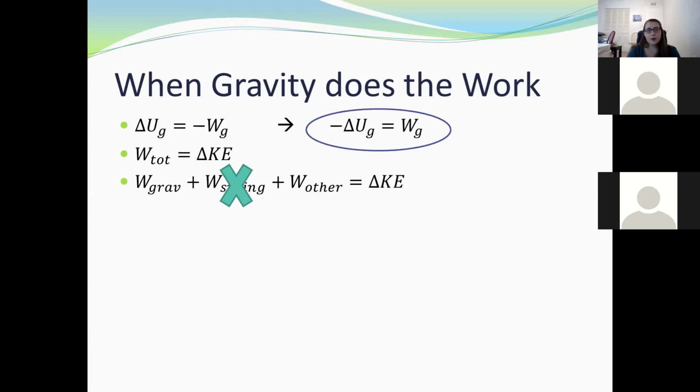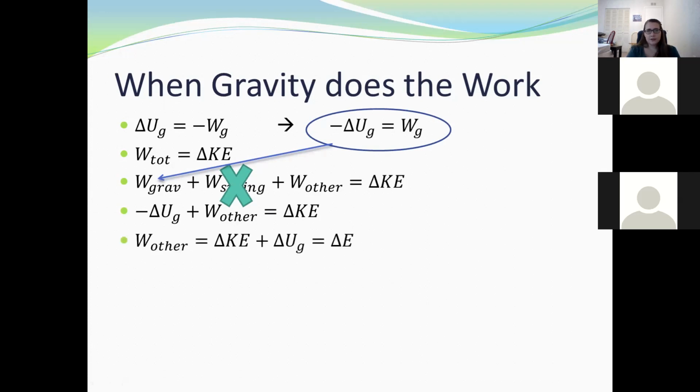But if we know then that the work due to gravity is negative times the change in potential energy, we'll just sub that in there. So that means negative change in our potential energy plus the work due to other things equals the change in our kinetic energy.